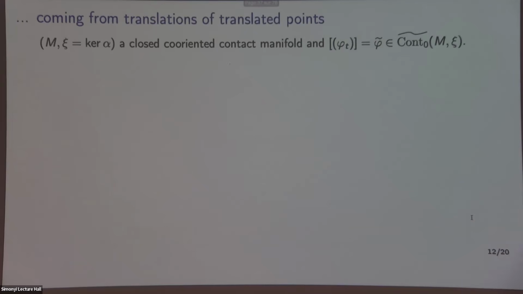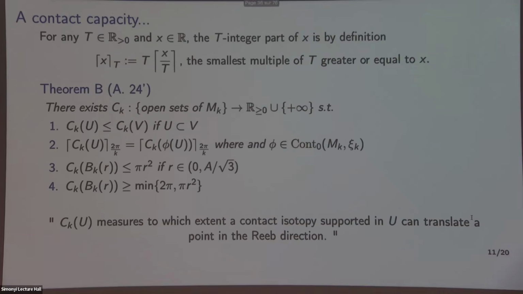And so what is a translated point? You start with, let's say, a closed contact manifold, and now I'm working in the universal cover of the group of contactomorphisms. Why so? Because I will look at contact isotopies, and I will associate to a contact isotopy some number, some translation of a point.